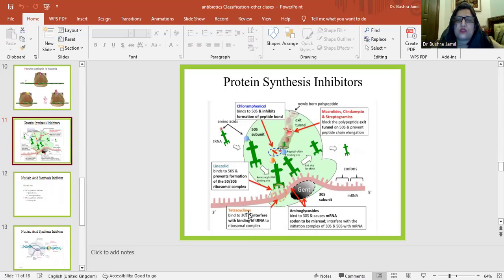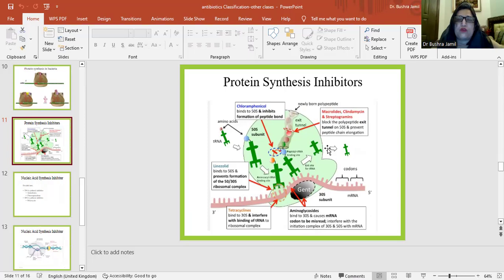So both tetracycline and aminoglycoside interfere or intervene in the translation process at the 30S ribosomal subunit, whereas linezolid, chloramphenicol, and macrolides interfere or inhibit protein synthesis at the 50S ribosomal subunit.